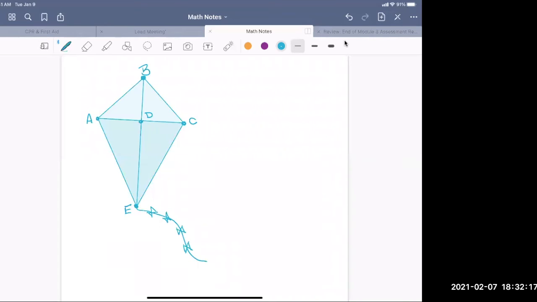Here's a figure that should look familiar to you. This is a kite. This kite has points, line segments, angles, rays, lines. Okay, so looking at this kite, think about all of the line segments in this kite.